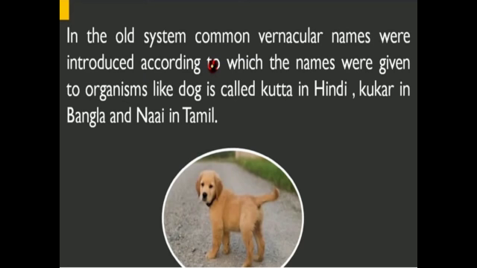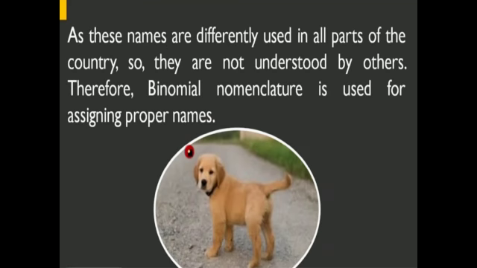In the old system, common vernacular names were used to name organisms. Like dog is called kutta in Hindi, cooker in Bangla, and nai in Tamil. So many names are there for dogs.